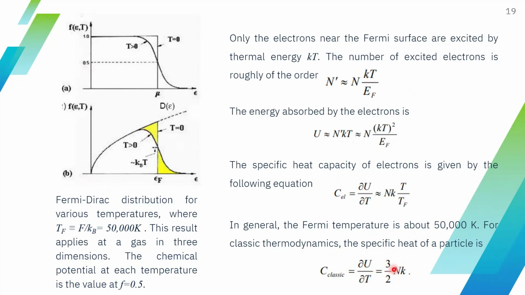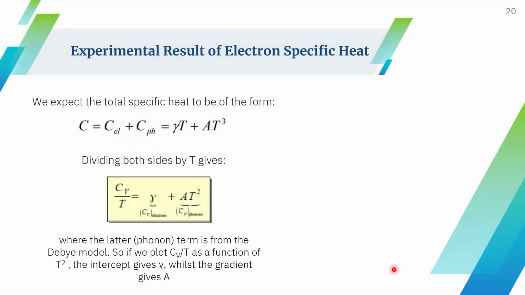So the electron heat capacity is 2 orders less than expected in classical thermodynamics, because T by TF is approximately 0.01. Therefore, usually electron specific heat is much smaller than phonon specific heat. In general, C equals C electron plus C phonon, which equals δT plus A into T cube.